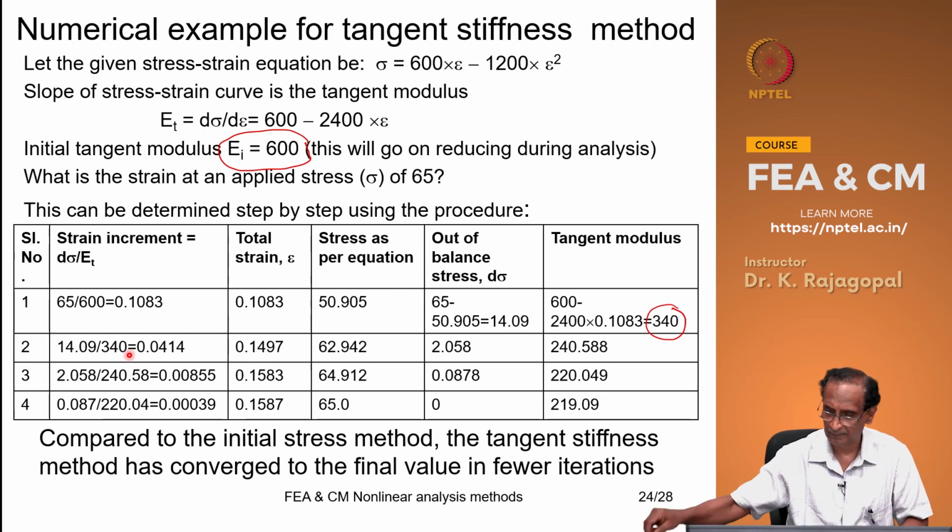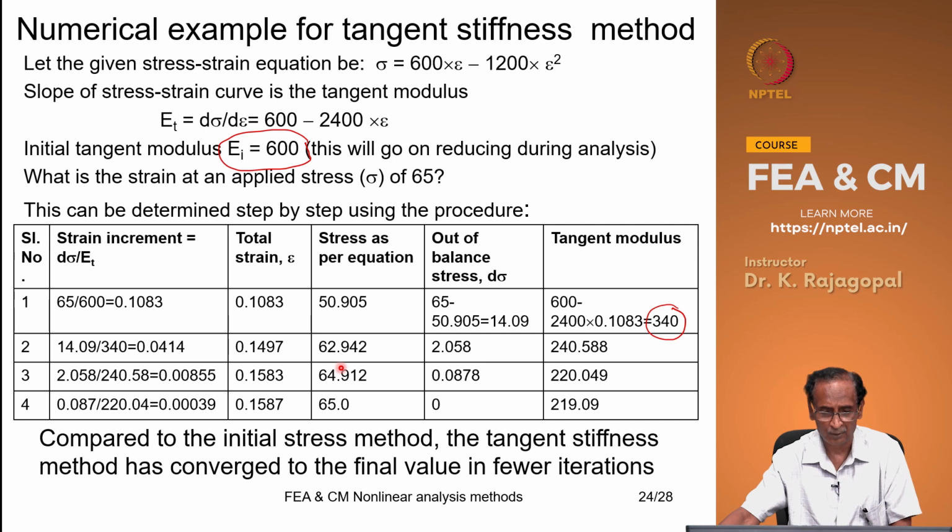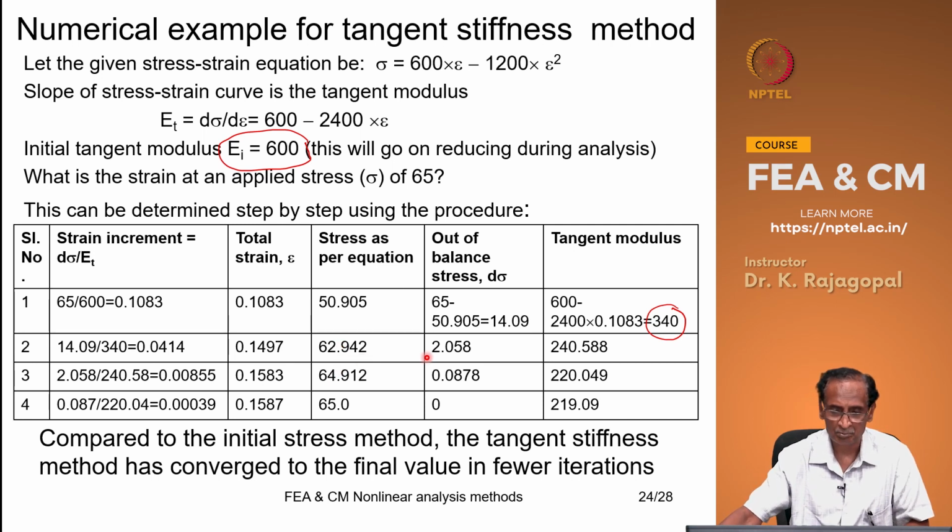Previously we had only 14 by 600, now we have 14 by 340, that is 0.0414. The total strain is 0.1497, and then the stress is 62.94, and the out of balance stress is only 2.05, and then we calculate our updated modulus.